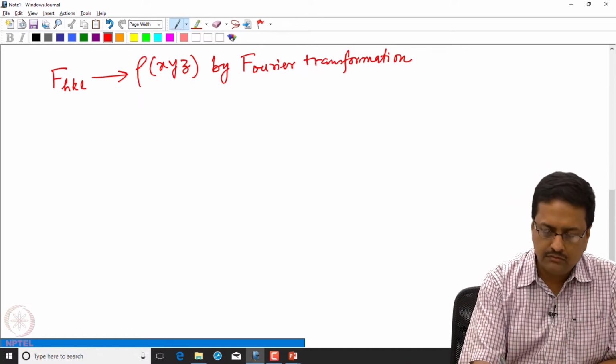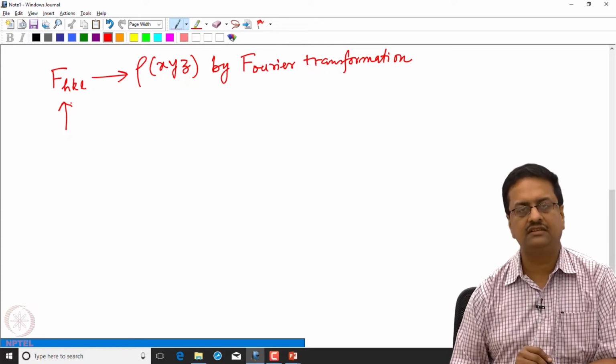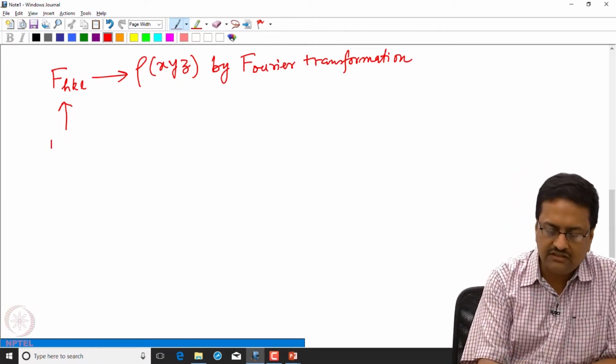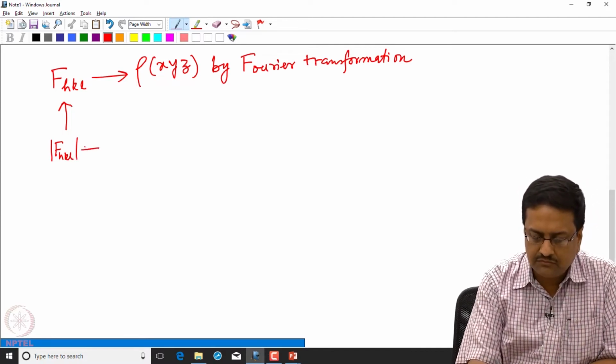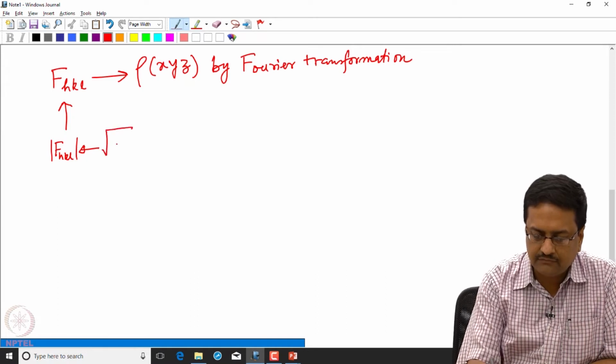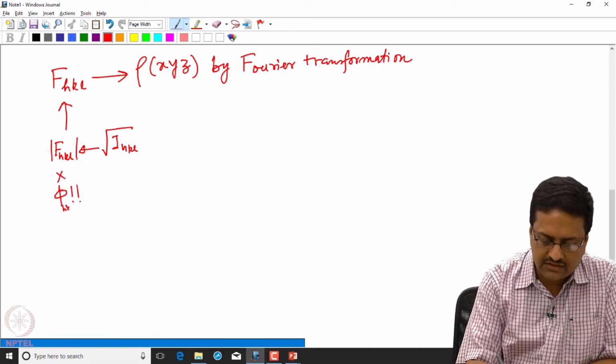So to get this expression for F(hkl), what we have is just the mod of F(hkl), which comes from the intensity, and what we don't have is the information on phase, phi(hkl).